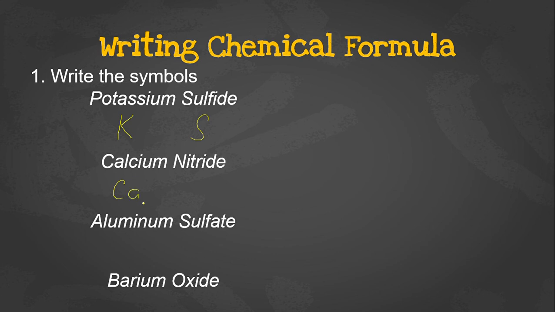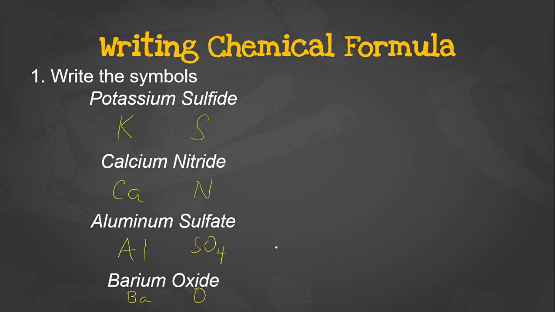Calcium is Ca, nitride is N. Aluminum is Al, sulfate, polyatomic ion, so this is SO4. Barium is Ba, while oxygen or oxide is O.